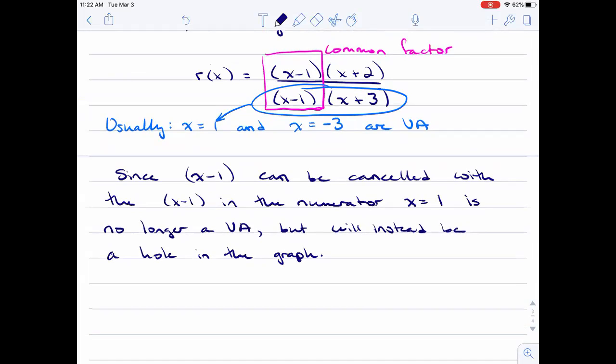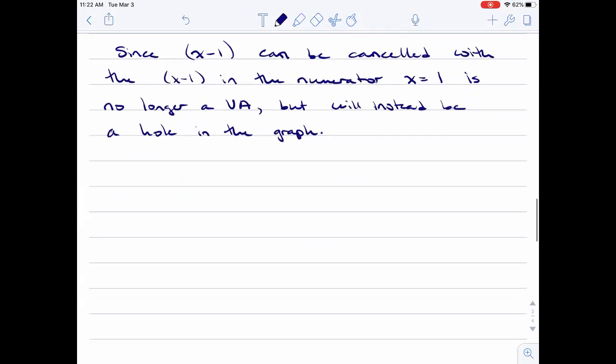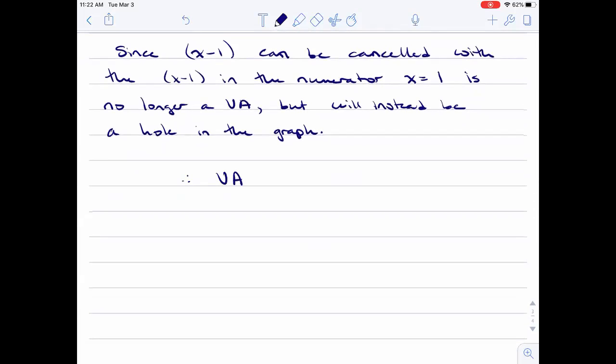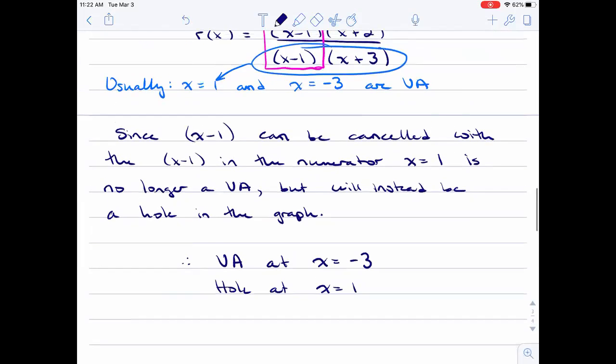If I expand and simplify, the coefficients in front of each of these x squareds are just going to be 1 and 1. Therefore, there's a vertical asymptote at x equals negative 3 and a hole at x equals 1.